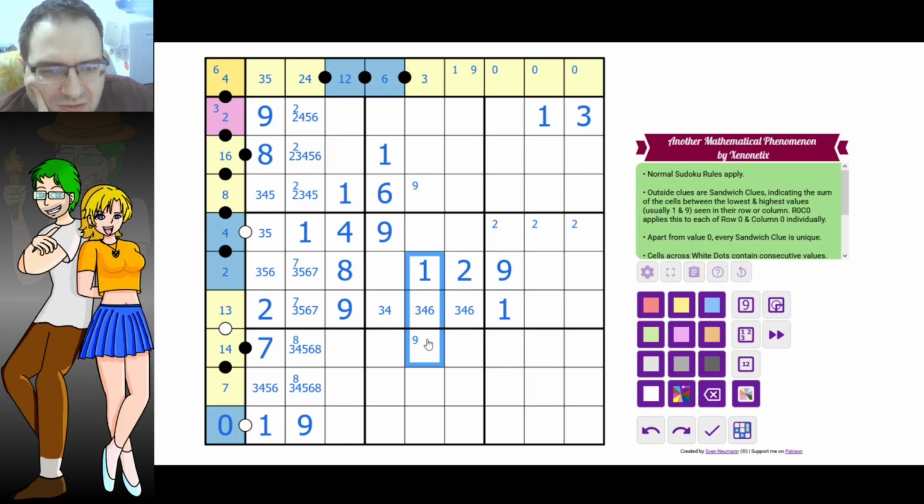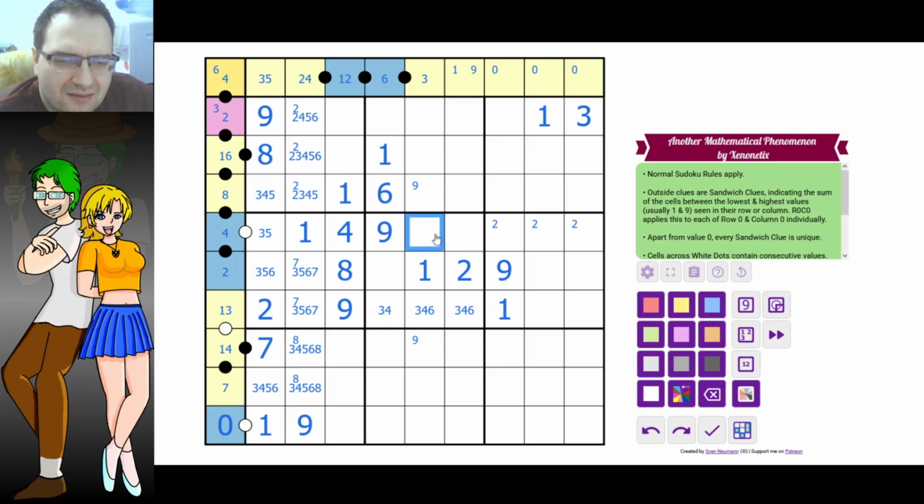Ooh, we are so close because this could be a 3, and we have 3, 9 here. But if this was the 9 and 3 was 4... No, that's a triplet. We have 3, 4, 6, so 3, 4, and 6 can never be here. So if this is a 9, look, this will break.